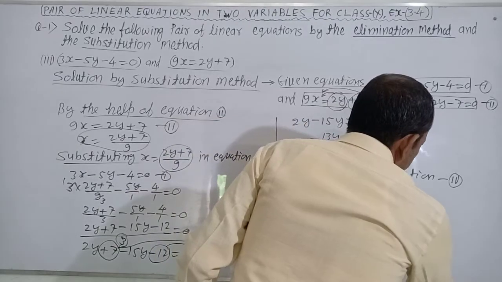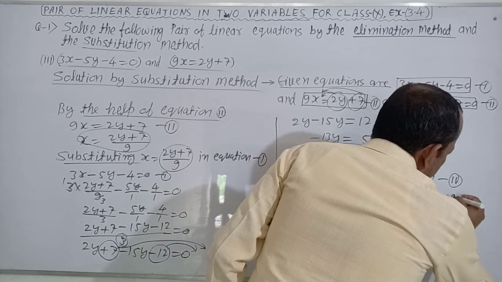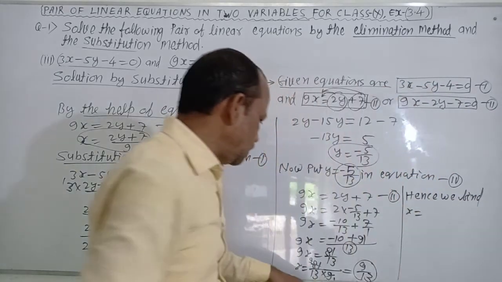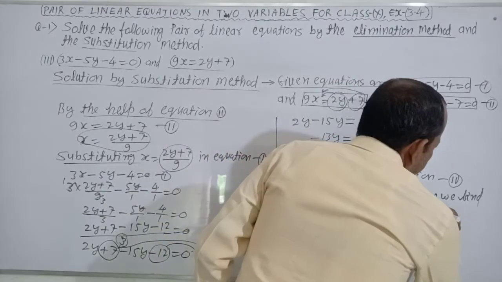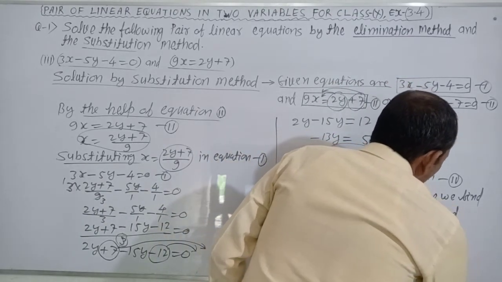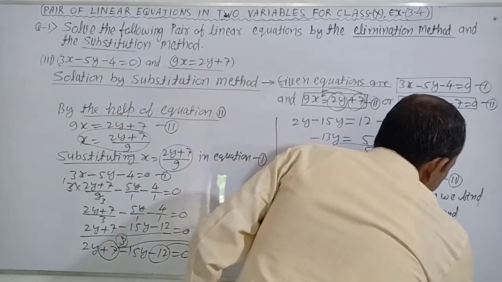Hence we find x equal to 9 by 13 and y equal to minus 5 by 13.